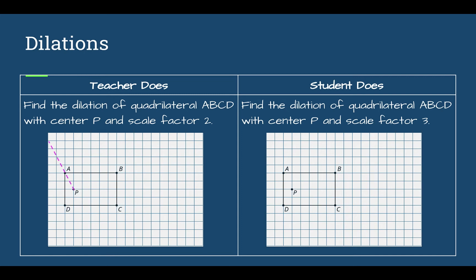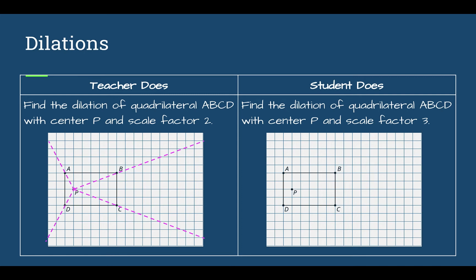So here I lightly drew a line from P through A and kept it going for a little bit, and then from P through B, and then through C and D. Those are the imaginary lines that we're going to expand our shape on.